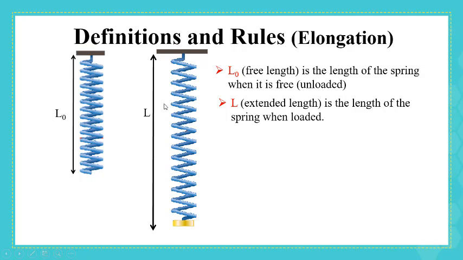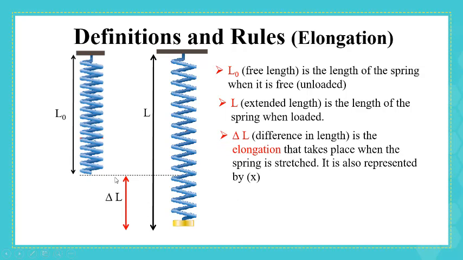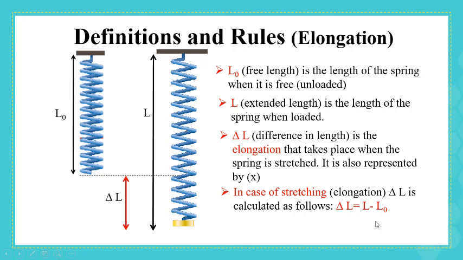The elongation that takes place when the spring is stretched is represented by delta L or x, where in this case of stretching, delta L is equal to L minus L0. That's the difference between these two lengths.